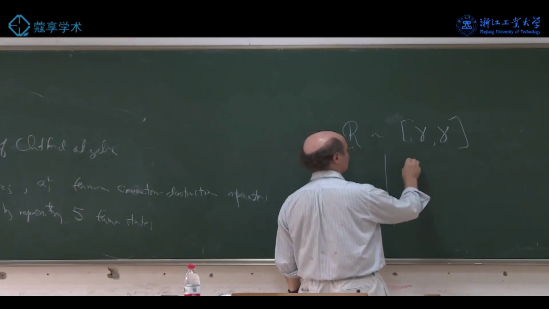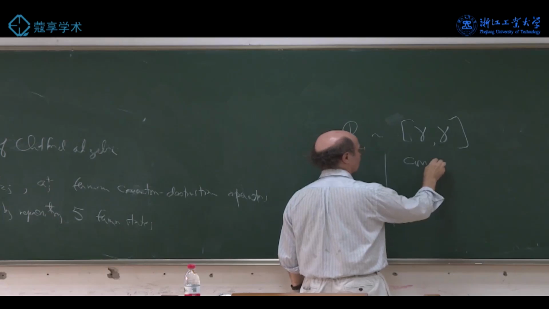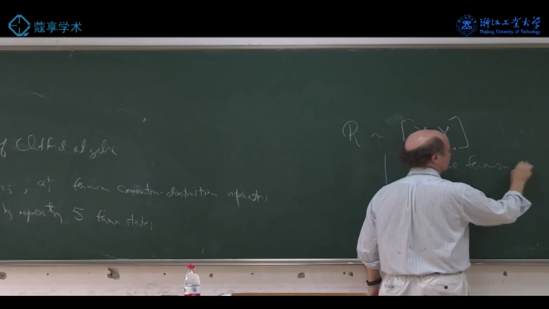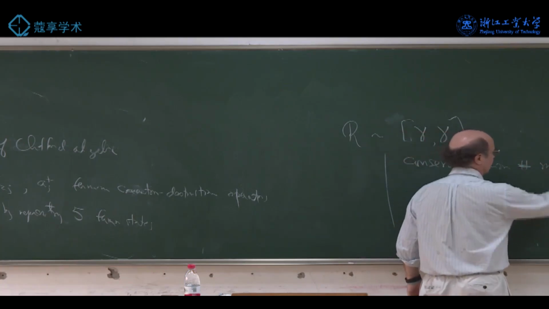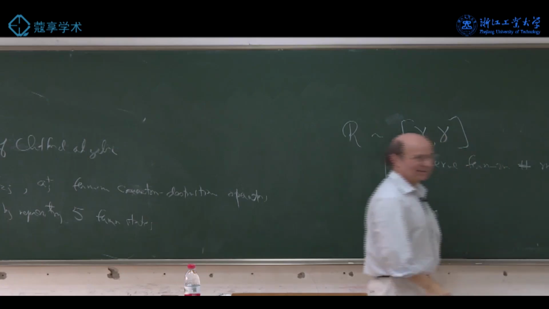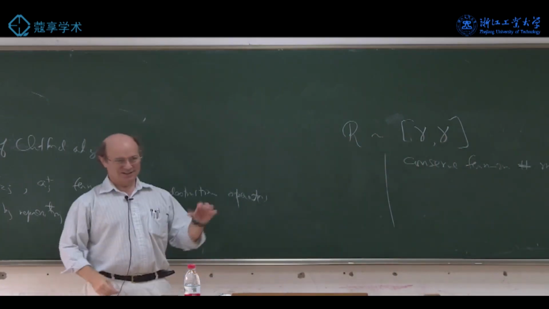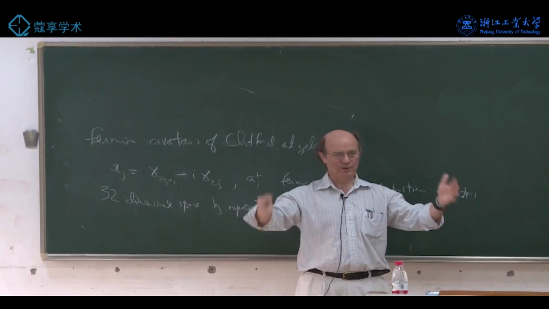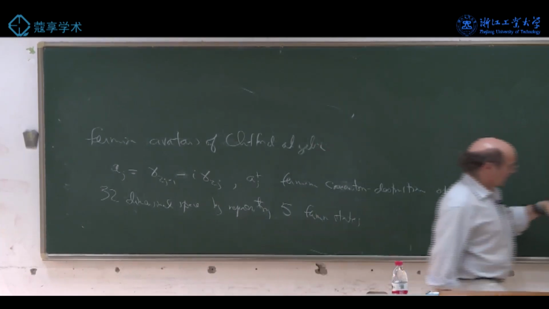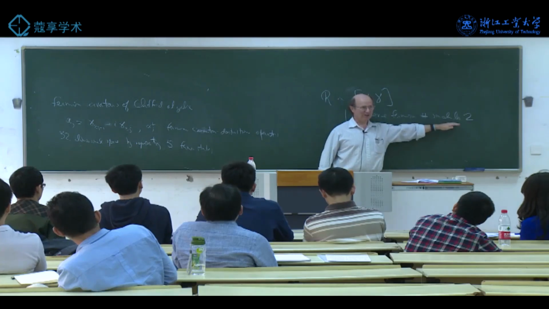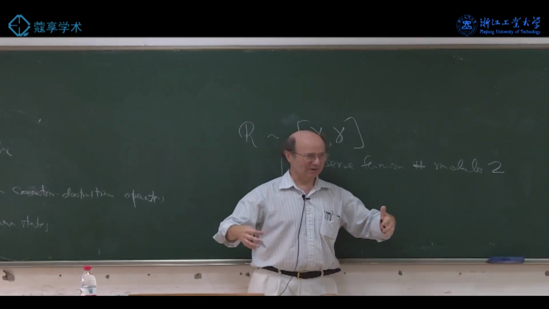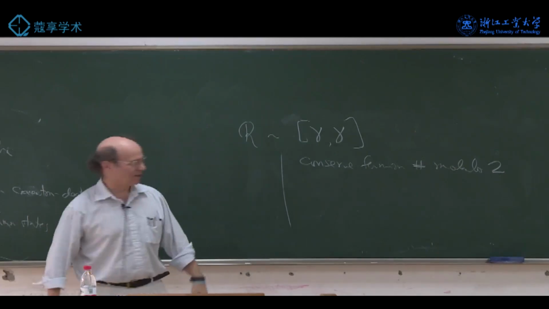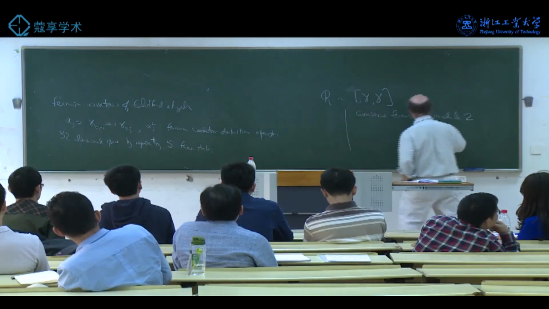In any case, they will conserve fermion number modulo 2. So the fermion occupations that are either even or odd will transform separately under the rotations, and those are 2 16-dimensional representations. That's another way of seeing that you have a 16 and a 16 bar representation.